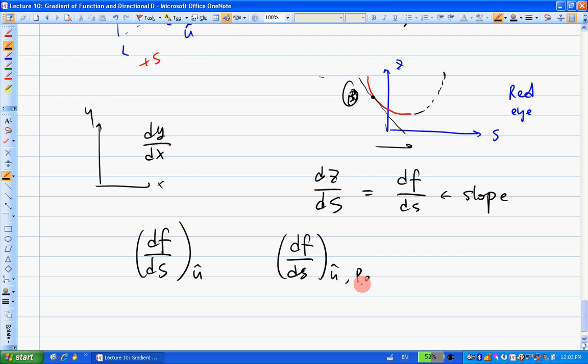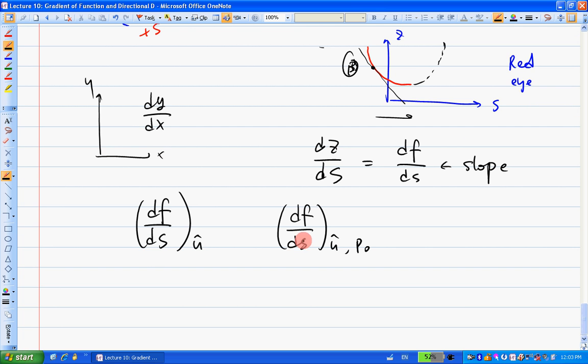Is that clear? Okay. So what I have just written here is basically the so-called directional derivative. Let's call it dd here. So that's directional derivative.